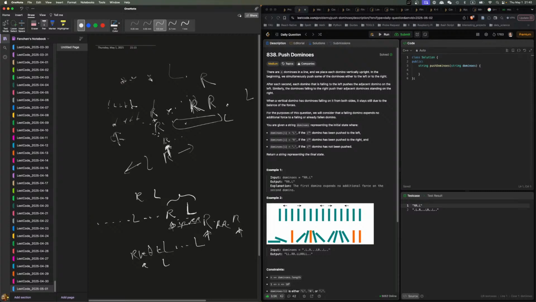If it's an L, and if the high is an L, and the low was not pointing to an R, then everybody should be L.